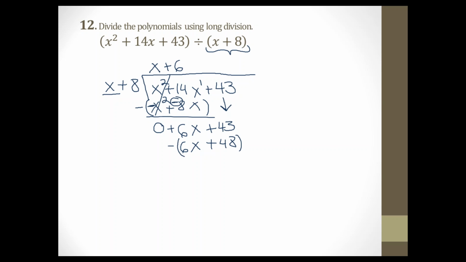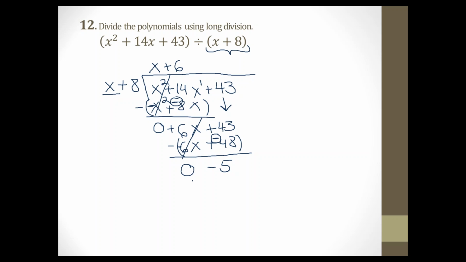Again subtracting, which changes the signs, and then just adding down, so 6x minus 6x is gone, and then 43 minus 48 gives me a negative 5. There's nothing else we could bring down, which means that we're having a remainder.